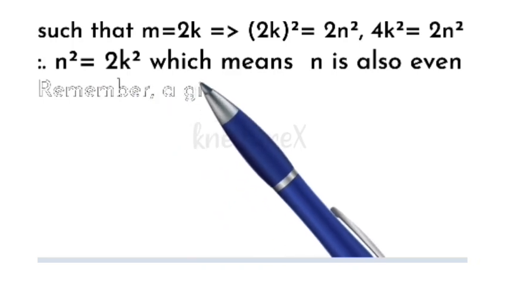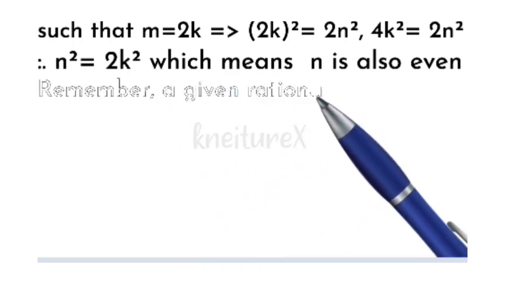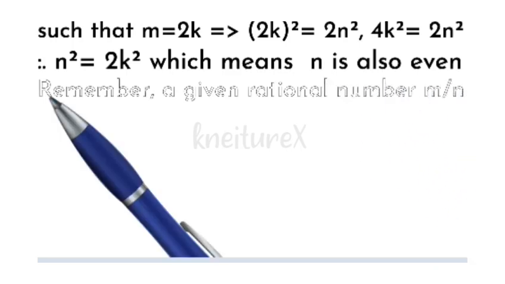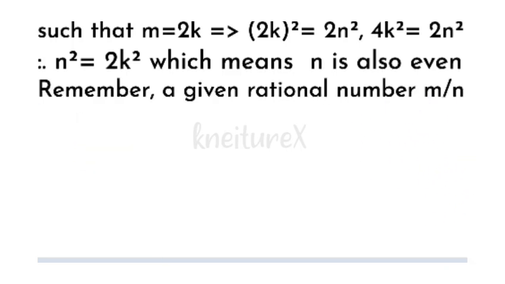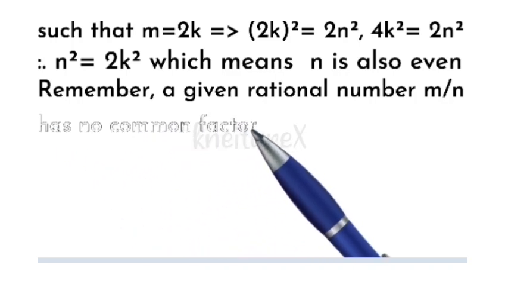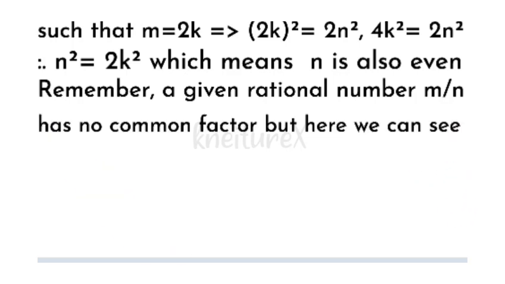And remember that the set of rational numbers, Q, is defined as a set of numbers m over n, where they don't have any common factor. But here we have seen that m and n have common factors, because they are both even, so they have a common factor of 2.